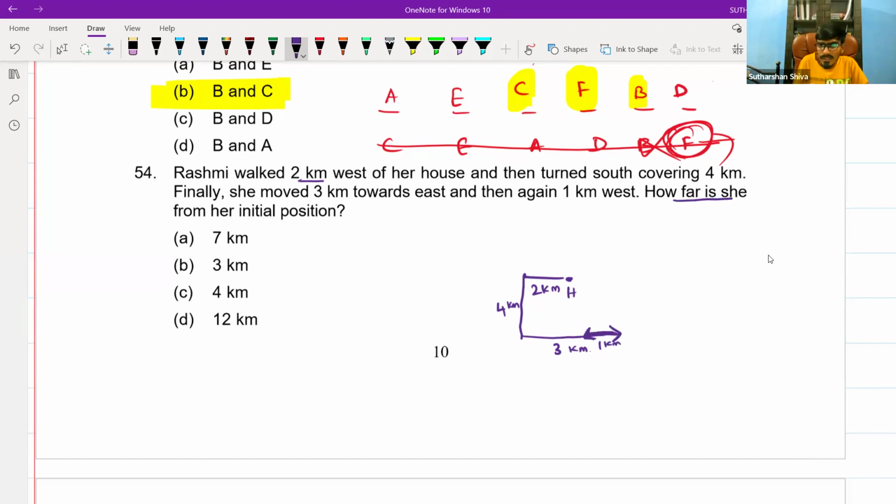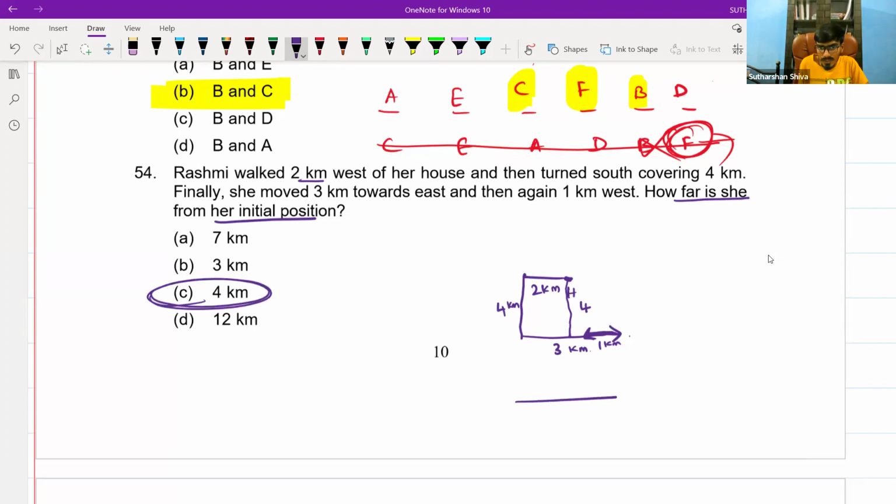How far is she from her initial position? This is her initial position. From this, she has already gone 3. The initial position is 4 kilometers away. So the option is 4 kilometers.